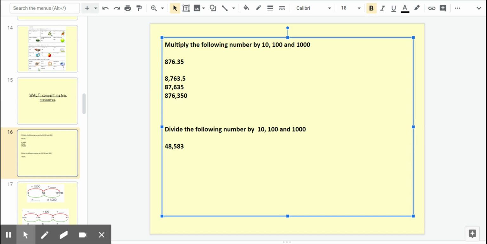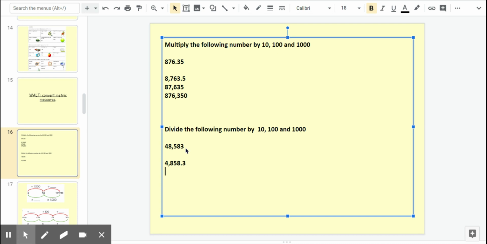Okay, and so to divide, we move our place value digits to the right because our numbers get smaller when we divide. So to divide by 10, we're going to move it one place, 485. So that's wrong, 4,858.3. Okay.